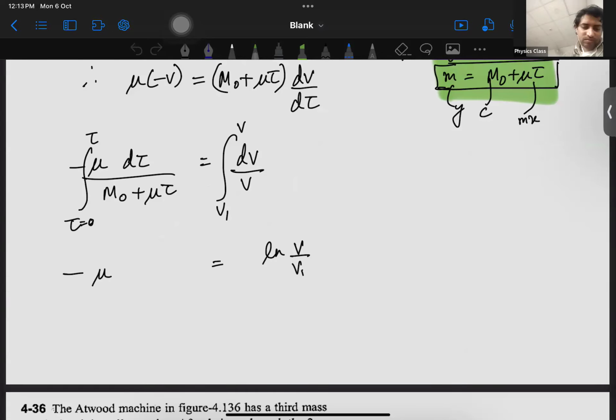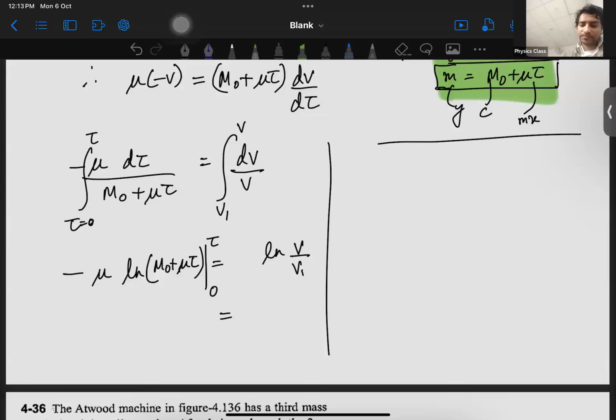This one will be natural log of m naught plus mu t, limits from 0 to t, which means what will we be having? Natural log of v by v1, upper minus the lower, by m naught.